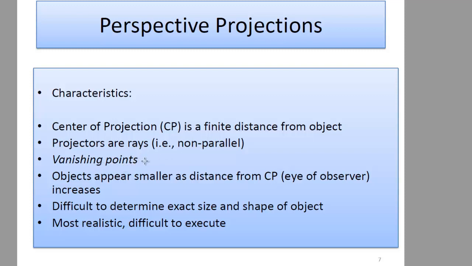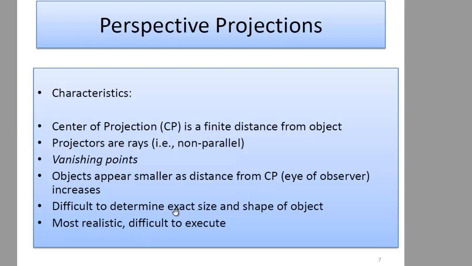Depending on whether it is one, two, or three point perspective, we have 1, 2, or 3 vanishing points. And the object appears smaller as the distance from the CP, the center of projection, increases. The center of projection will be the eye which is watching it, so it's going to appear smaller.